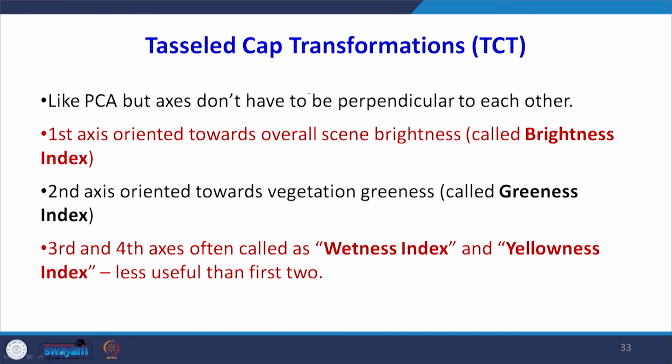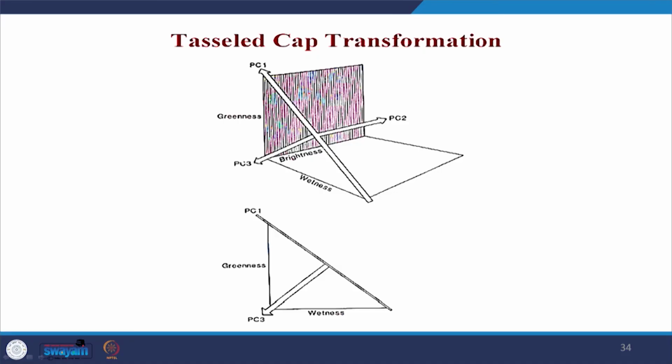Similar to the same transformation, rotation and translation and shifting of the axis we are doing, as we have done in PC1, PC2 and PC3, we are deriving the 4 new outputs from the 4 input data. So in this transformation also you will see that we have one axis which is called the wetness axis, another is the brightness axis, the third is the greenness axis.